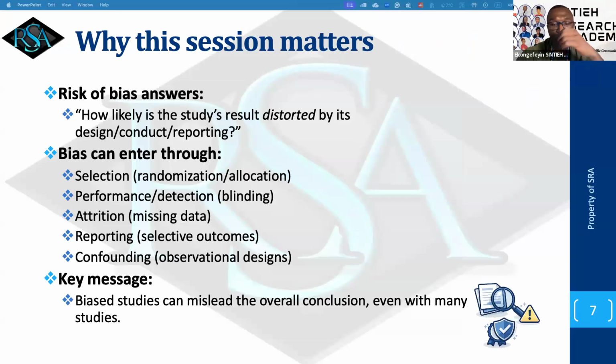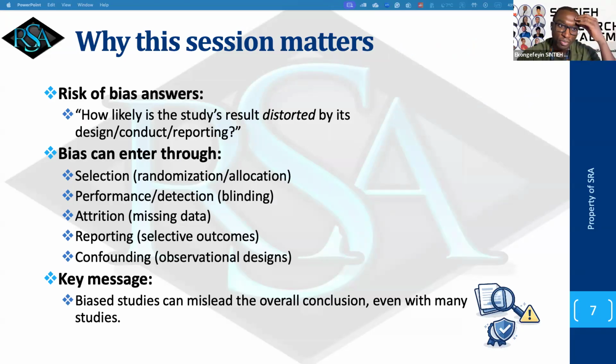It's very important that for any systematic review, you do a risk of bias assessment, because you want to be sure that what these papers are saying has not been compromised by either the method design or by any other thing.